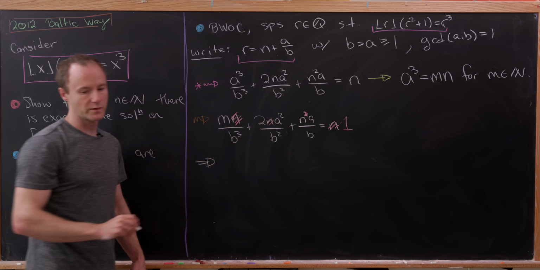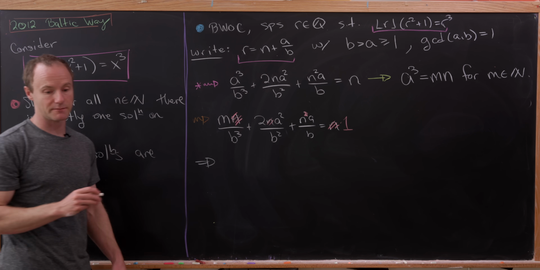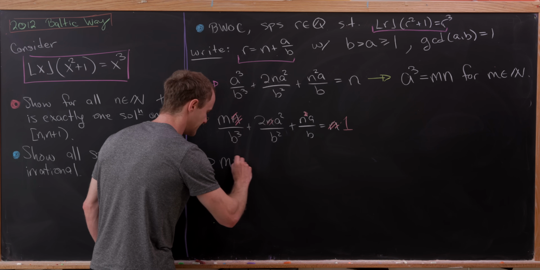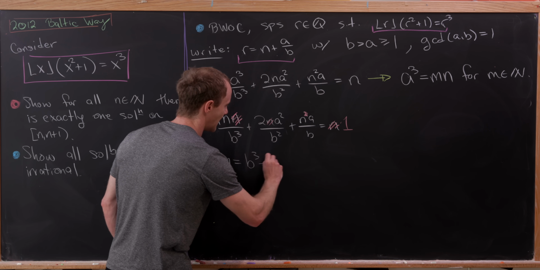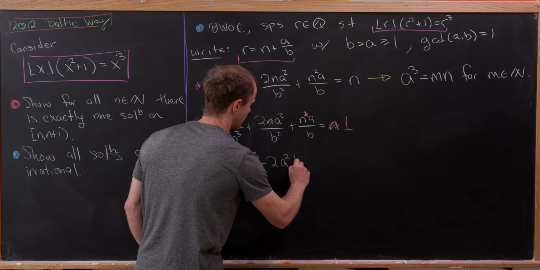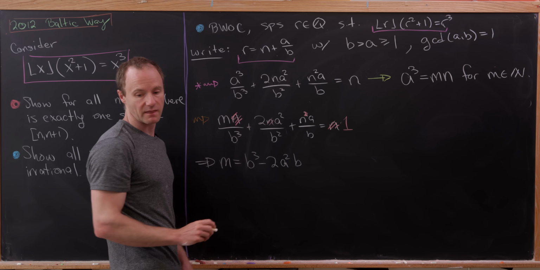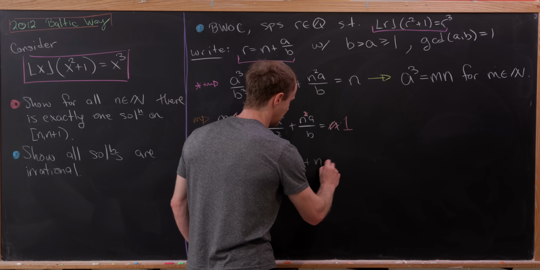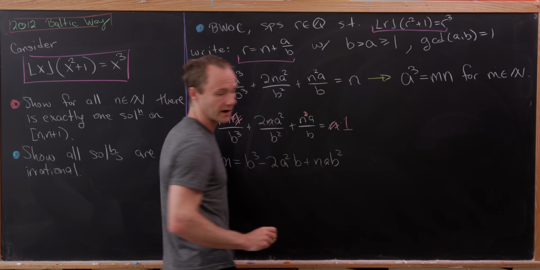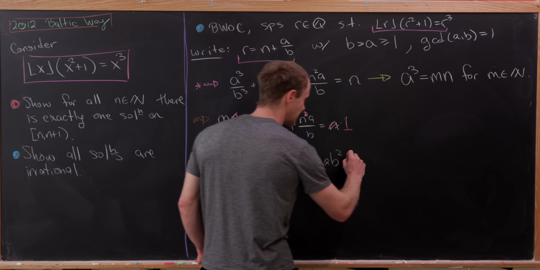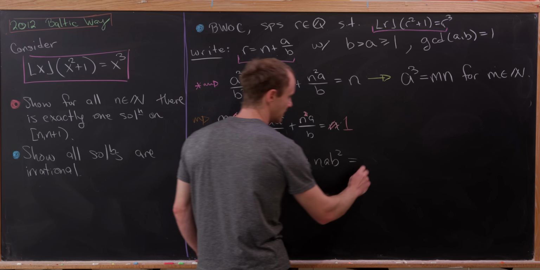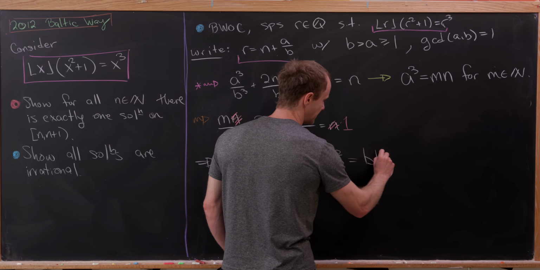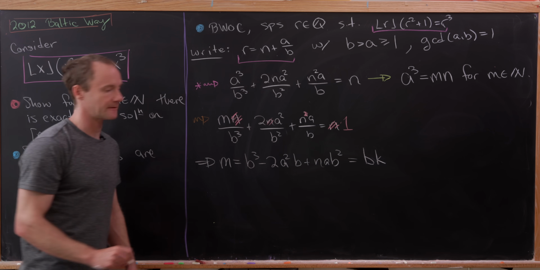And then, well, we can move some things around in an elementary way to see that m is equal to B cubed minus 2A squared B, and then plus nAB squared. But then the important thing here is that this is equal to B times some number. So I'll write this as B times k.